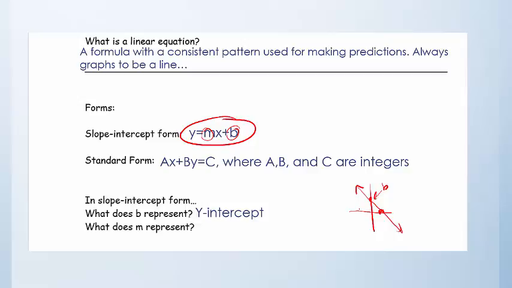And then m stands for your slope, which is a comparison of height to length. So if our line is going down 3 spaces and over 2, our slope is -3/2. Another word we use for that is rate of change. It's a measurement of how much things are changing over time.